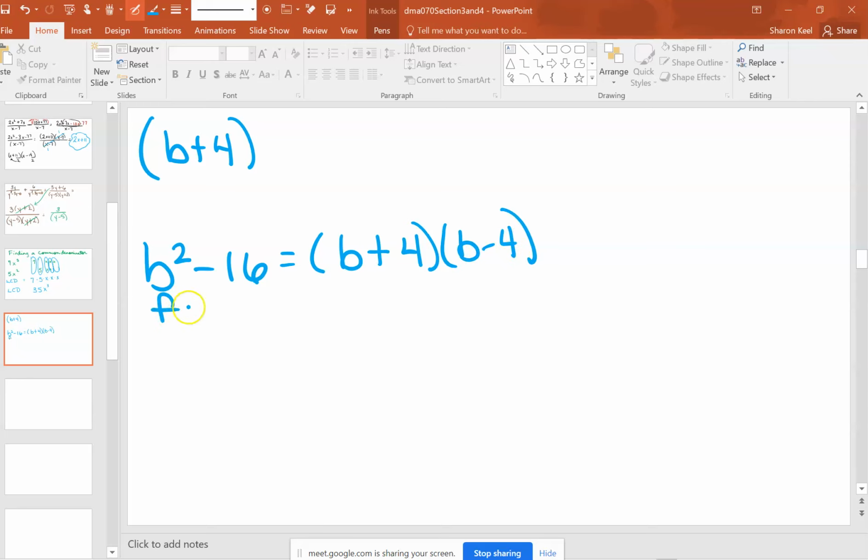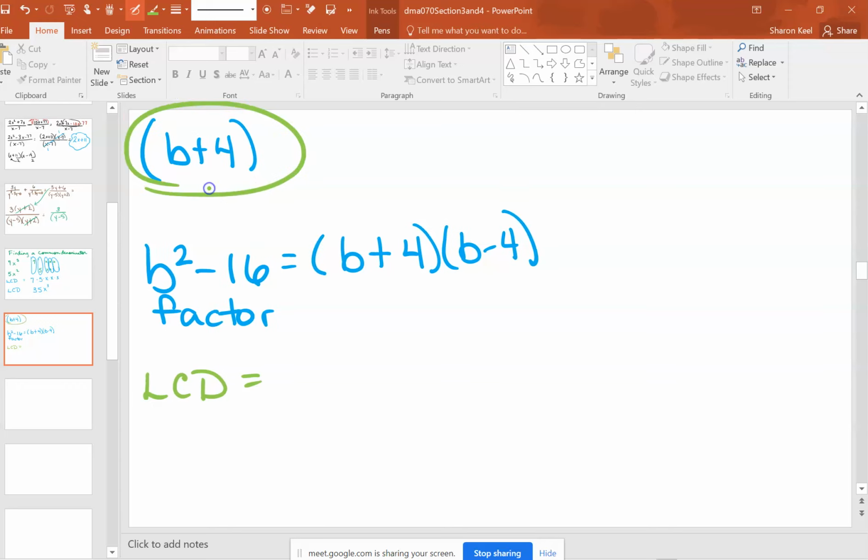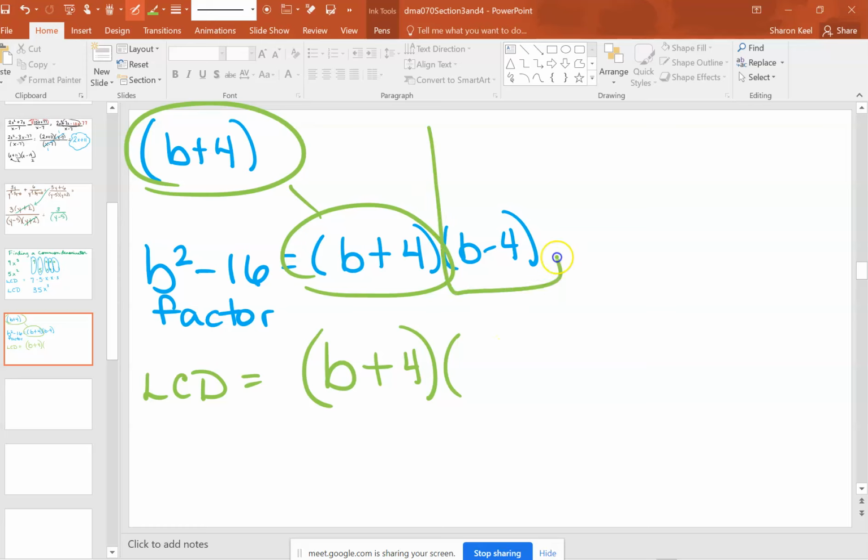This one is already factored. It's just b plus 4. So when I'm determining my least common denominator, this one has a b plus 4. So does this one. I only need one b plus 4. The most either of them have is a single b plus 4. The other one has the b minus 4. So that would be your least common denominator.